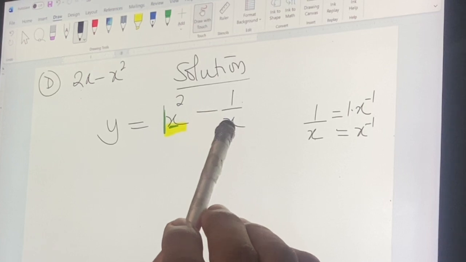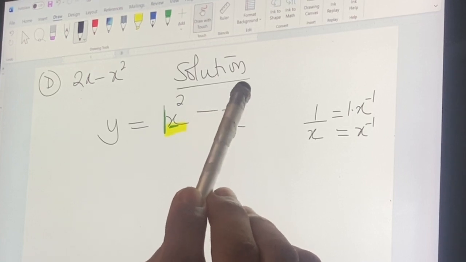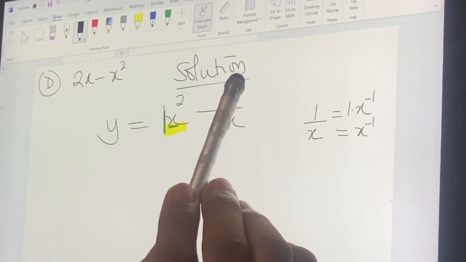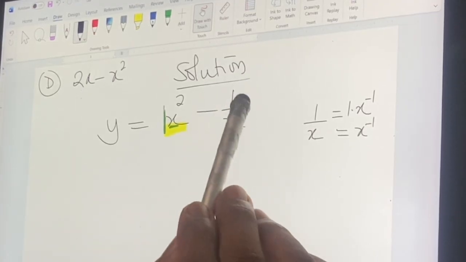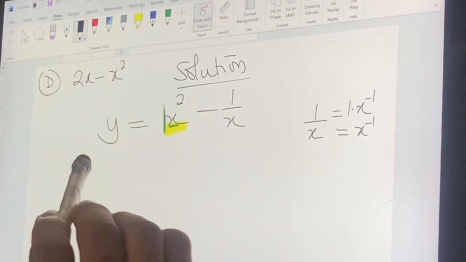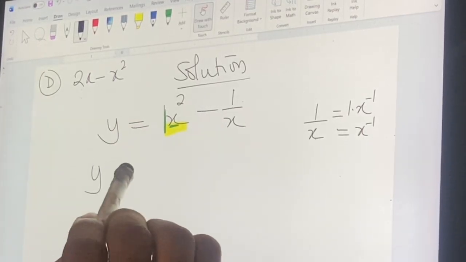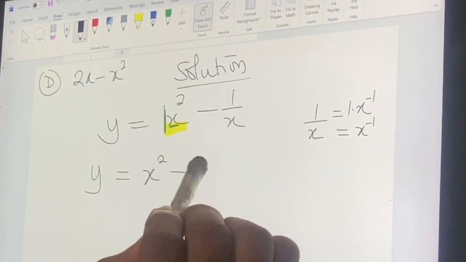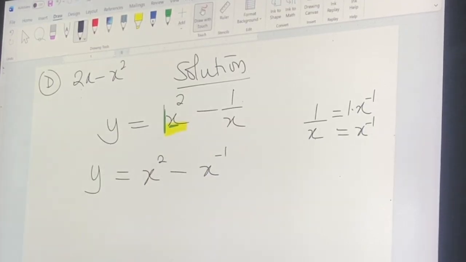So the next step is to change every single fraction. We said that every single fraction can be changed to a linear function, right? Now changing this 1 over s to linear, I will have my expression here to be y is equal to s squared minus s raised to minus 1. Please take note.